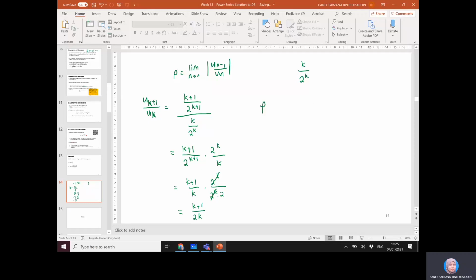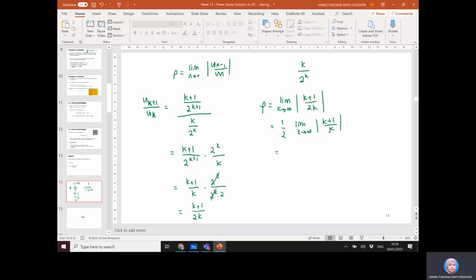Then you find rho as k approaches infinity of (k+1) over 2k. You can take out the 1 over 2 because it's a constant, so you can focus on the terms with k. As you can see, (k+1) over k is something plus 1 over something.